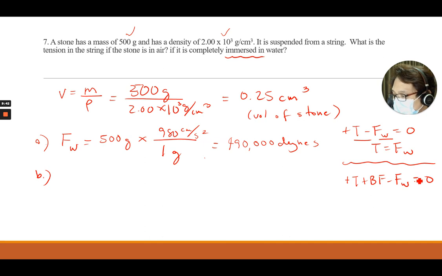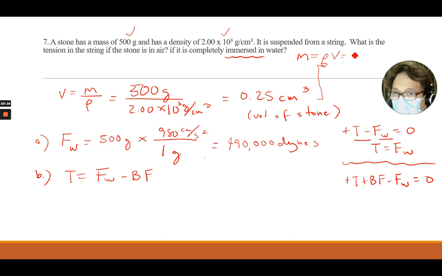Okay, it's equal to 0. Okay, we are computing for the tension, so tension is equal to the weight of the object minus the buoyant force. Okay. We get the buoyant force from the volume of the stone. Okay, from here, we can compute for the mass of the water that was displaced. So M is equal to the density times the volume.